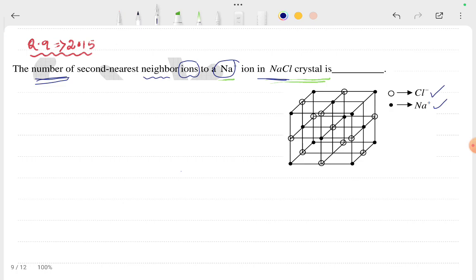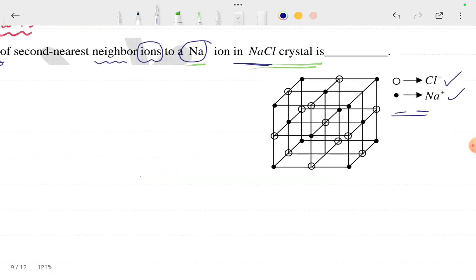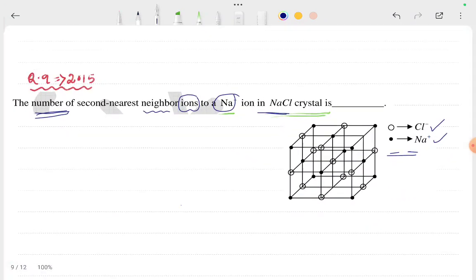NaCl structures, even FCC structures. I can give you hints on how you can calculate these values.